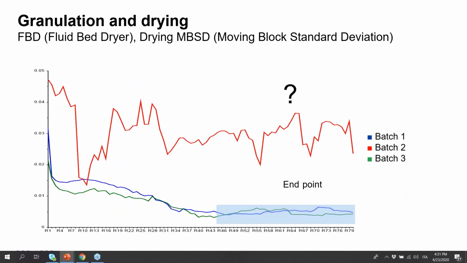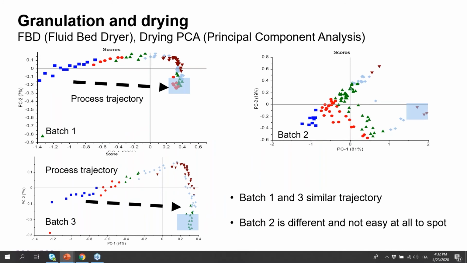But when we made the moving block standard deviation analysis, we saw that batch number 1 and batch number 3 are behaving in the same way. Batch number 2, no. So we immediately started to doubt the algorithm, no? But we tried to calculate, as Christina will show you in the live section, a principal component analysis.